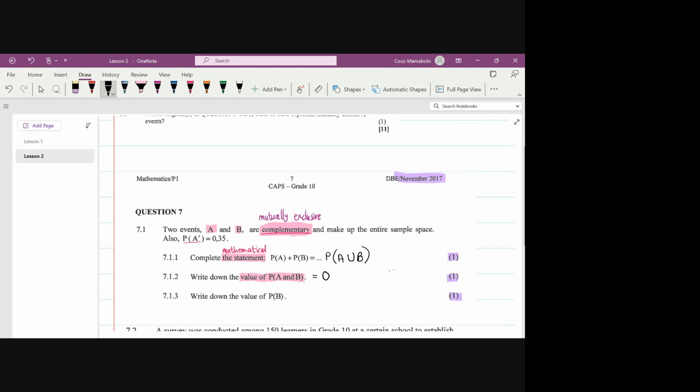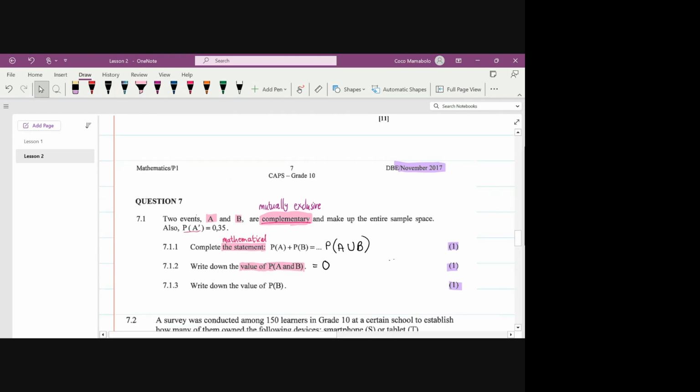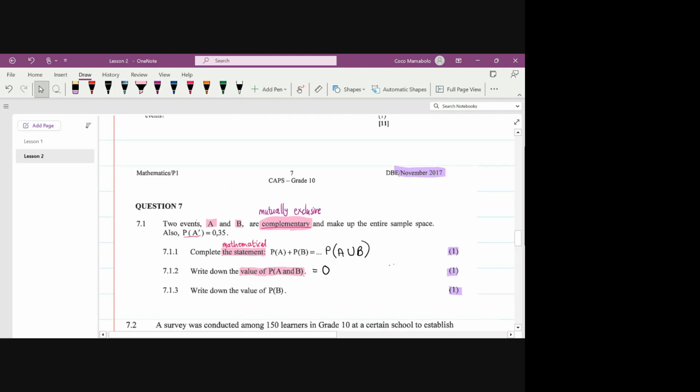Good. Then it says here, write down the probability of B. Now, the probability of B is that, and I'm going to explain exactly why. We've been told here that these two events are complementary. So now, if this is the probability of not A, that means that the probability of A is going to be 1 minus 0.35.